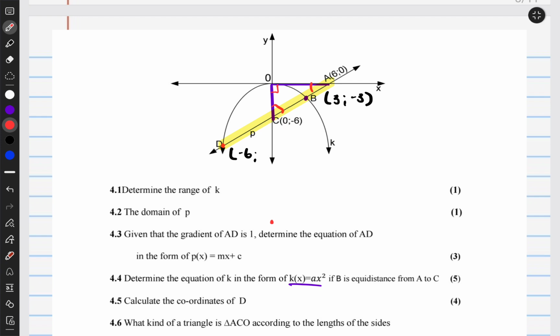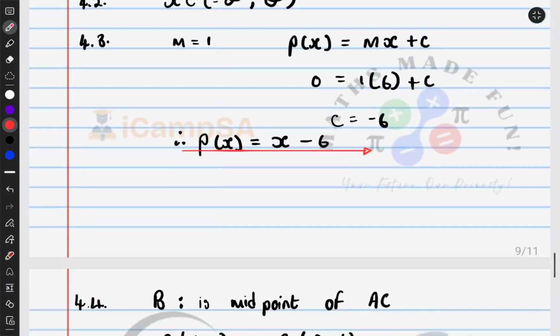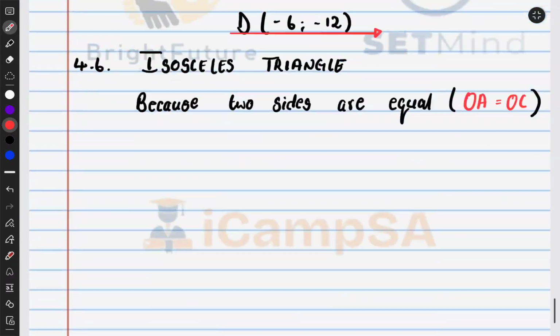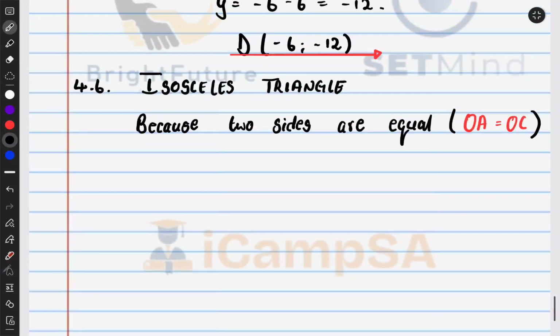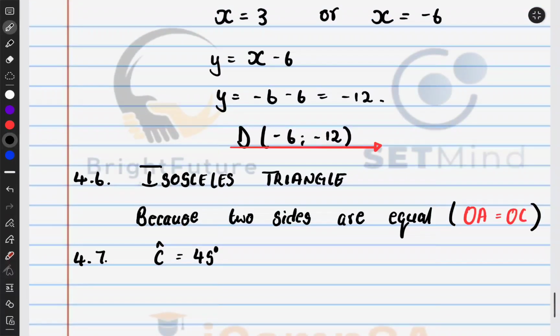Therefore, that will make angle C equal to 45 degrees. Angles opposite equal sides are equal. So angle C is equal to 45 degrees.